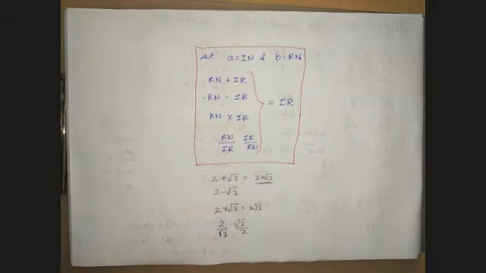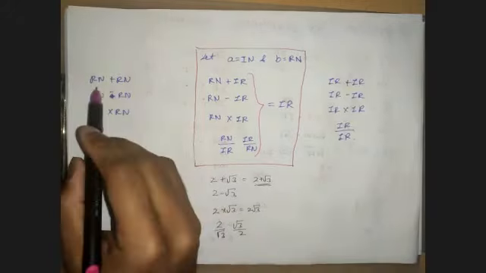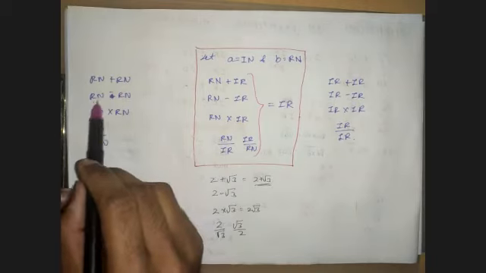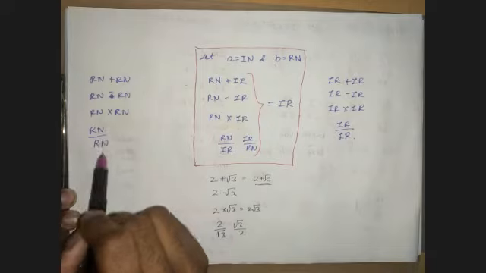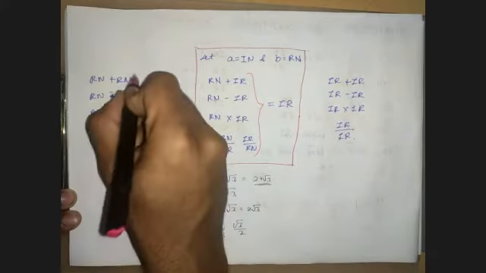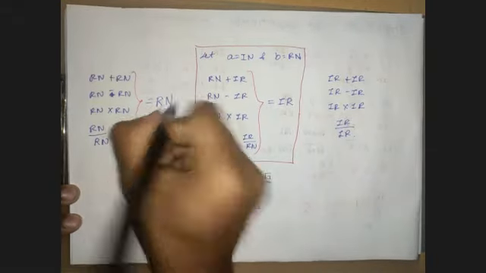Now let us summarize what all we have learned. So if I look at a rational number plus rational number, or a rational number minus a rational number, or rational number into rational number, or division of rational numbers, I get rational number itself.